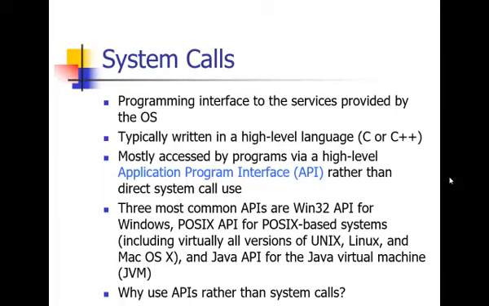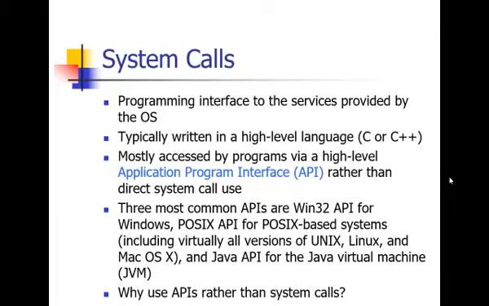Different operating systems will provide different APIs for application execution. In Windows we have Win32, in Unix and Linux we have the POSIX API.